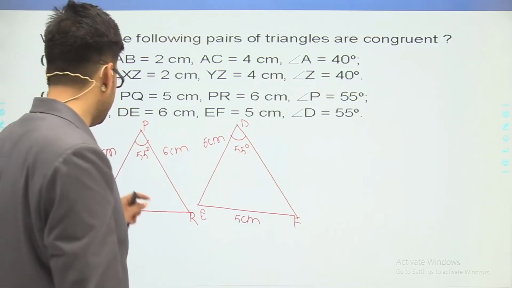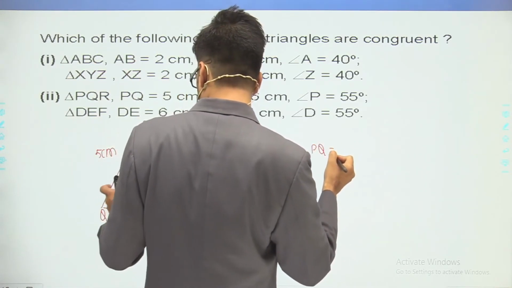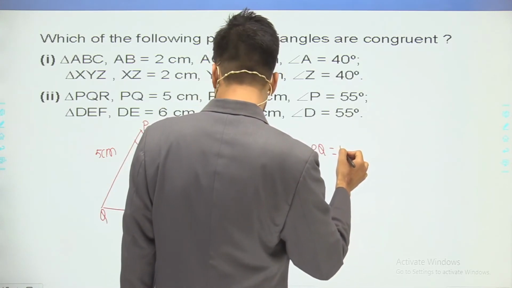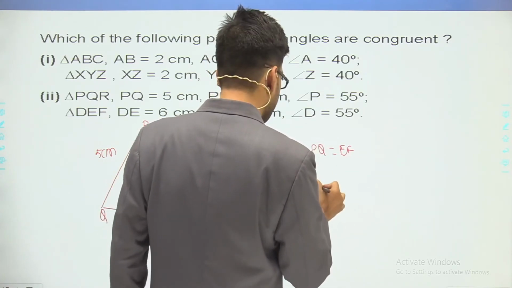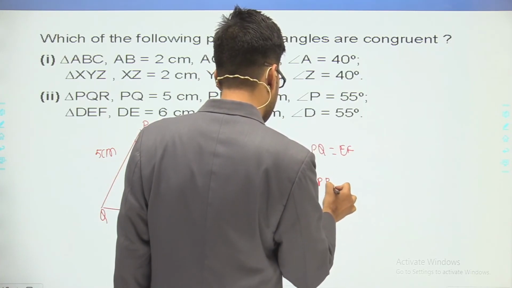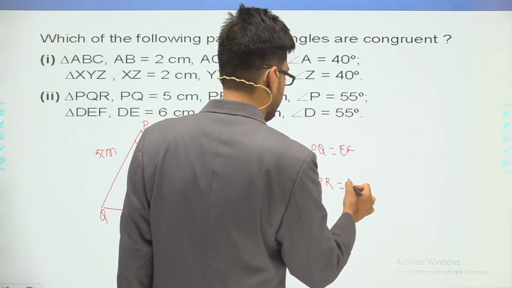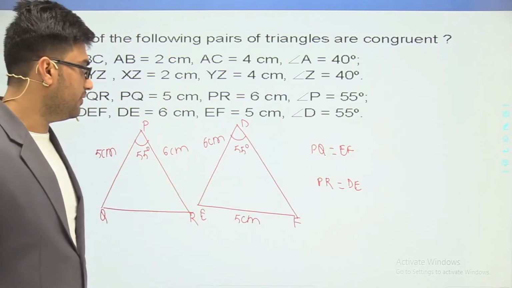So students, here it is given that PQ is equals to DE, PQ is equals to EF, and PR is equals to DE. And these two angles are 55 degree.